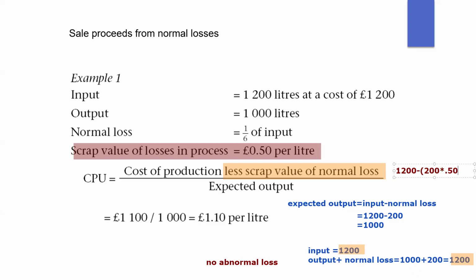When we multiply 200 by 50 cents, you can see 100 is the value. So 1200 minus 100 is 1100. This is how we have arrived at 1100, which means the cost of production less the scrap value.